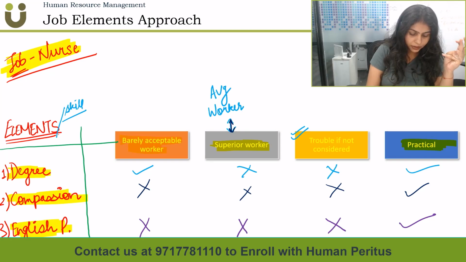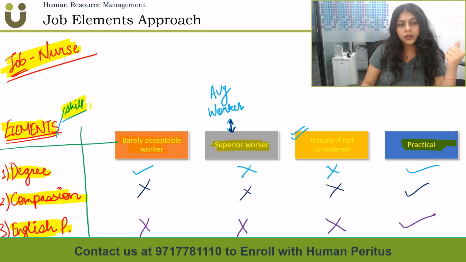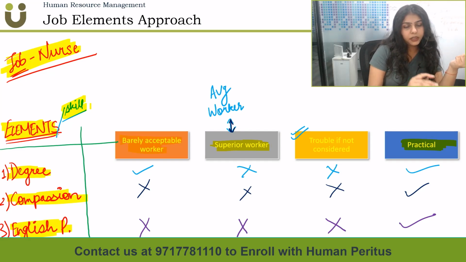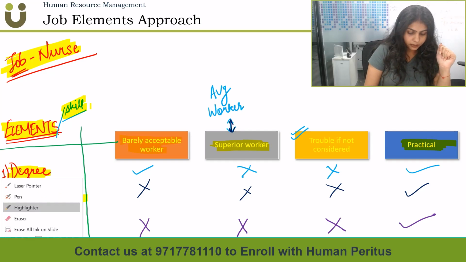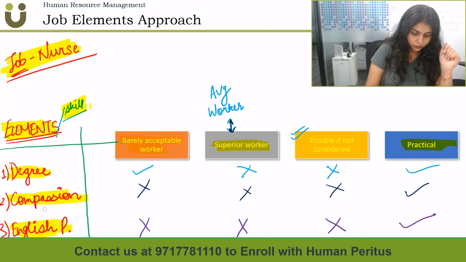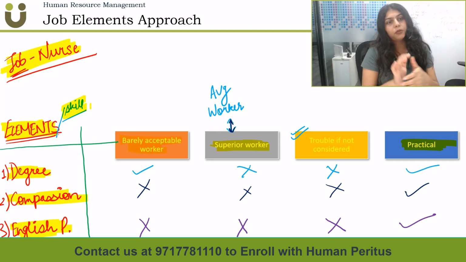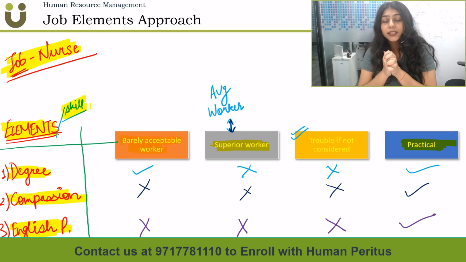These are better known as elements, so you will always call them elements, and these are the skills that I think this person should definitely possess. So yeah, that is the explanation of the job elements approach from the methods of job analysis. Thank you so much.